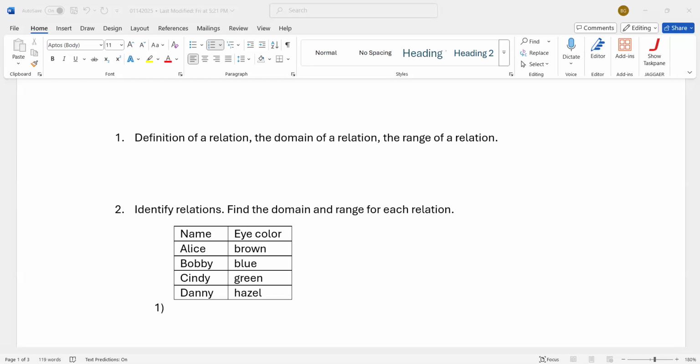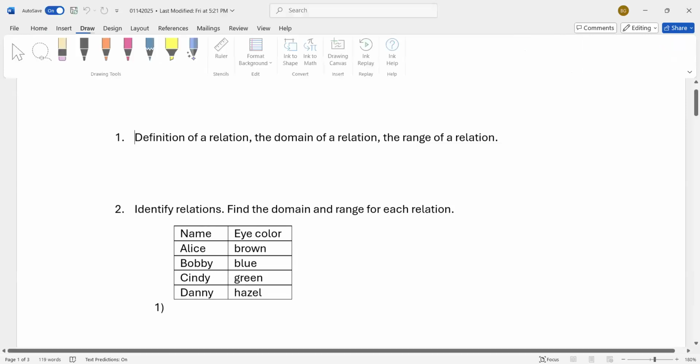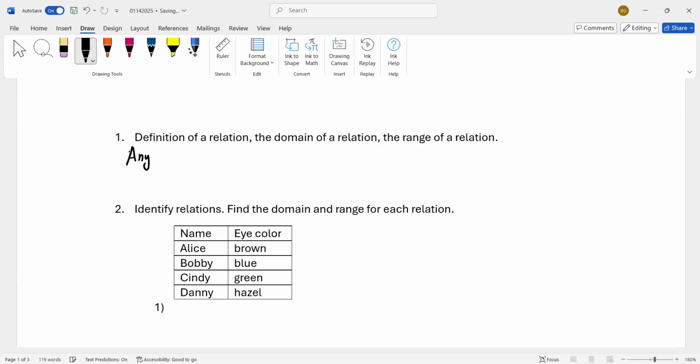So the first definition, the definition of a relation. Let me give you the definition. Anything that can be written as a set of ordered pairs is a relation. Okay?